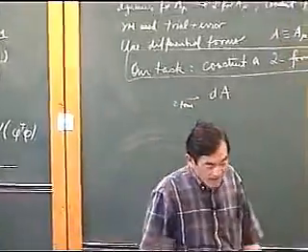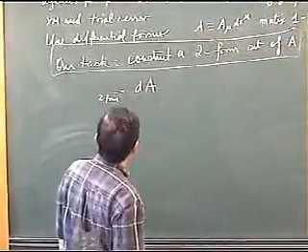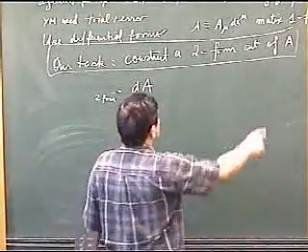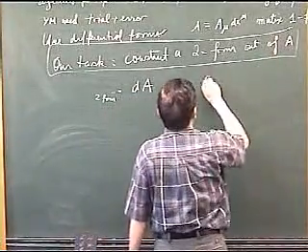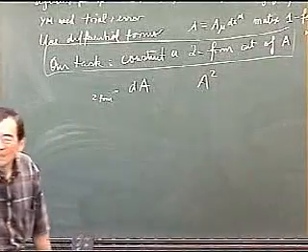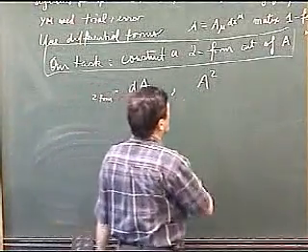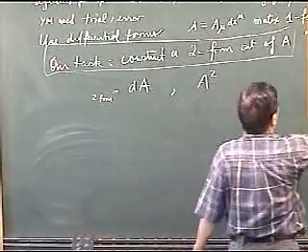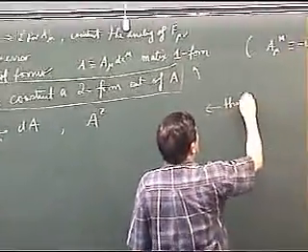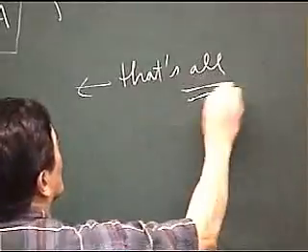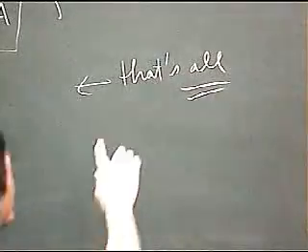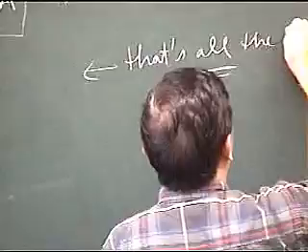Okay? Now, what other 2 forms are there? Well, A is a 1 form, so A squared is also a 2 form. There's a 1 form times a 1 form. That is all. Those are all the 2 forms you have.